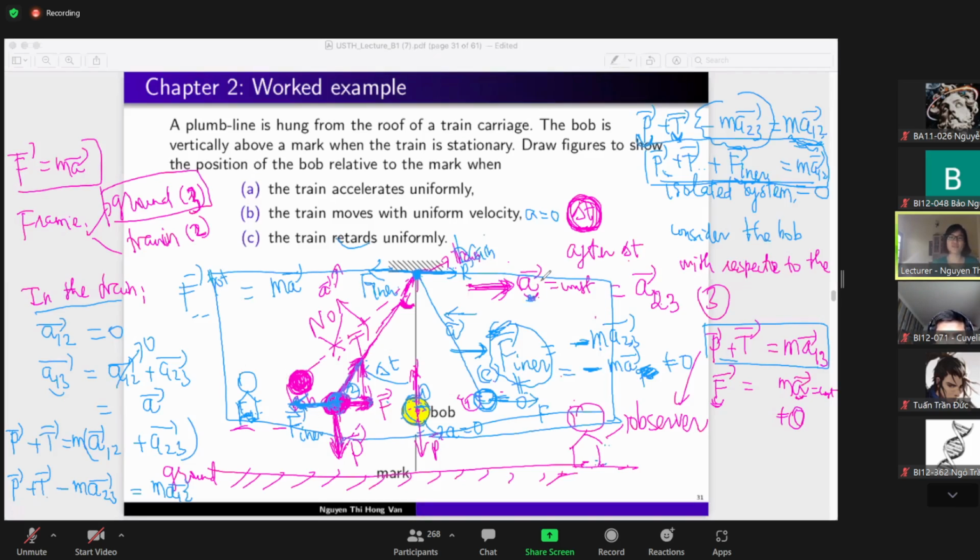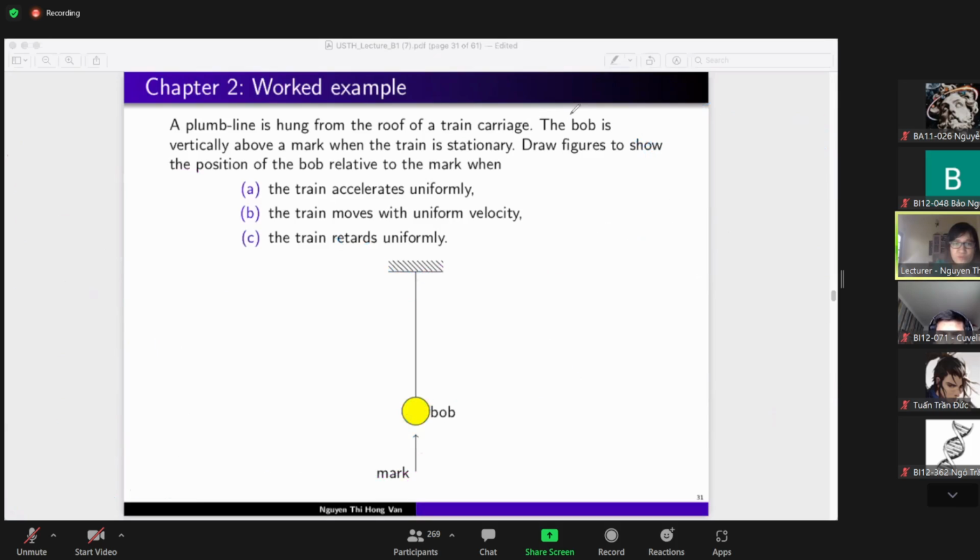So you can explain it using the formula or applying the second law of Newton like this. If you agree at this point, we move to the next part.